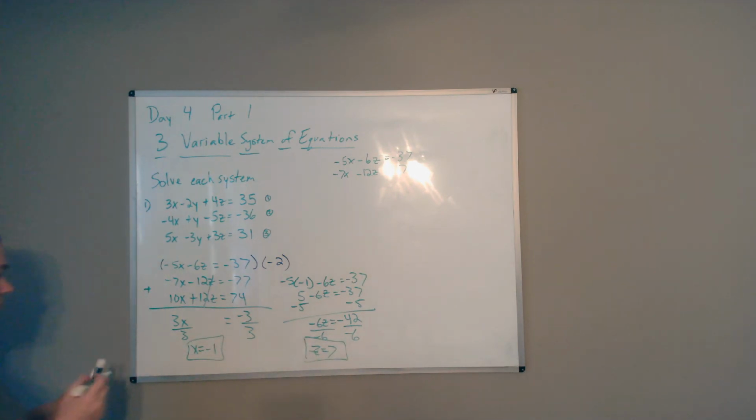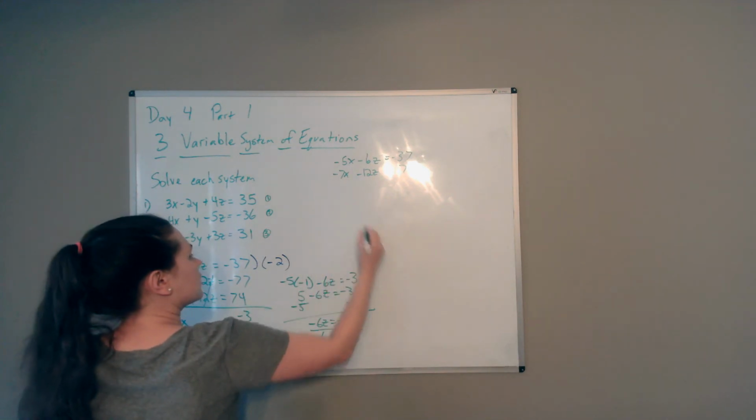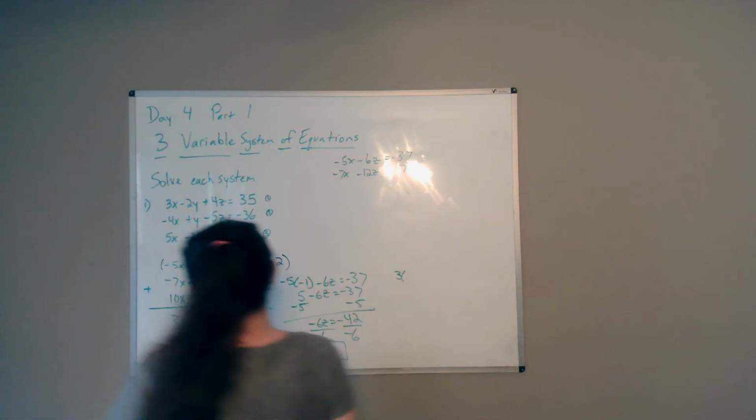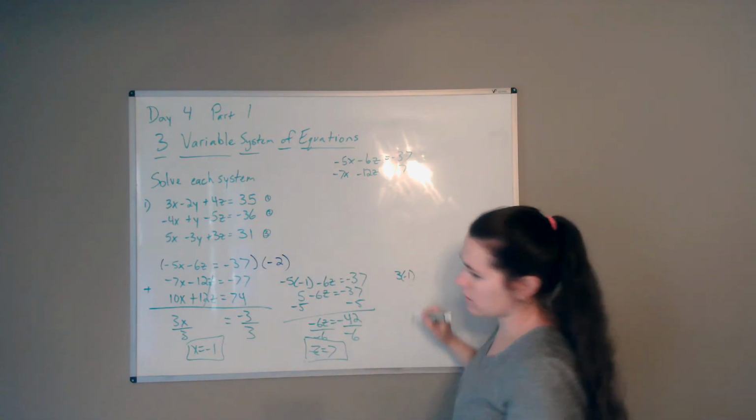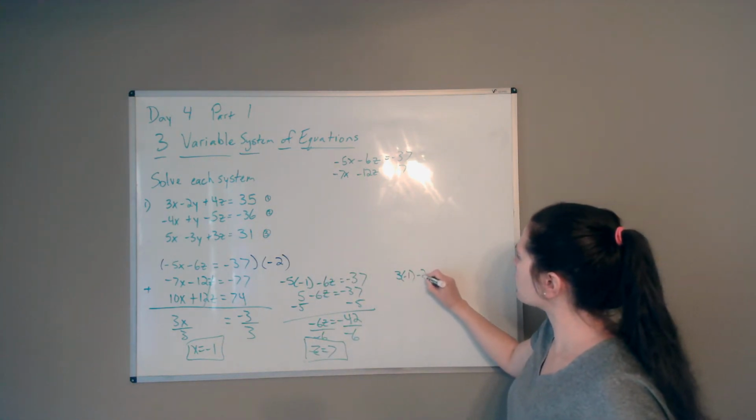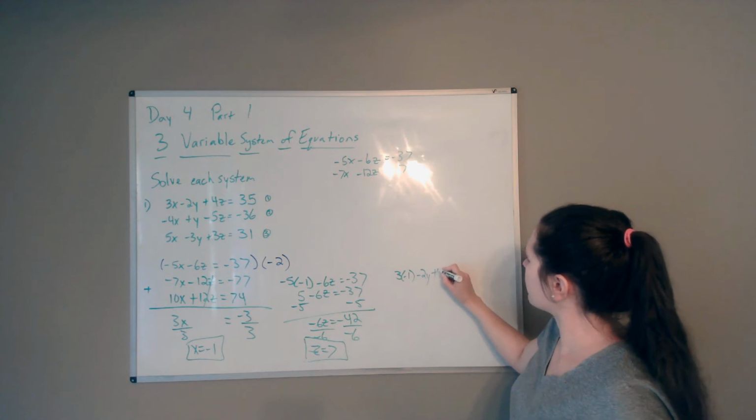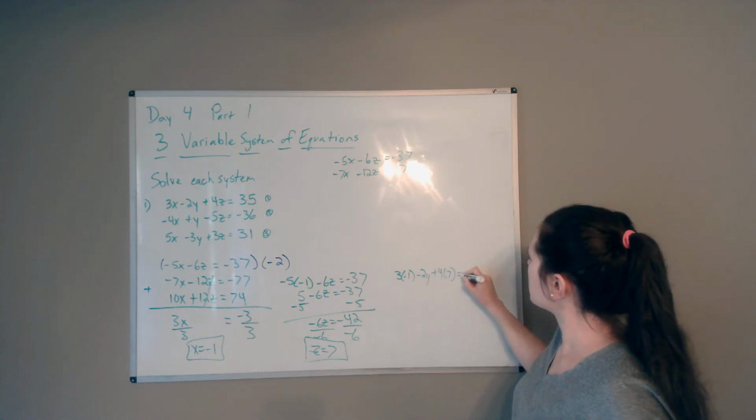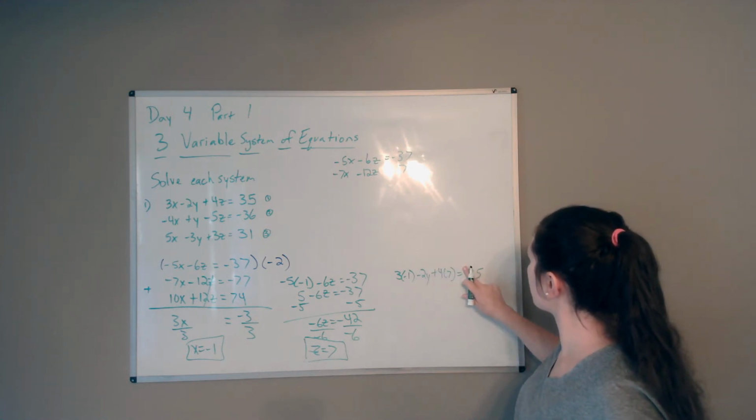So 2 out of the 3 variables are solved for. To get the third, now we know what x and z is. Where do we have an equation with y in it? The original 3. So pick any of the original 3. I'll just pick the first one. So 3 times negative 1 minus 2y plus 4 times 7 equals 35.